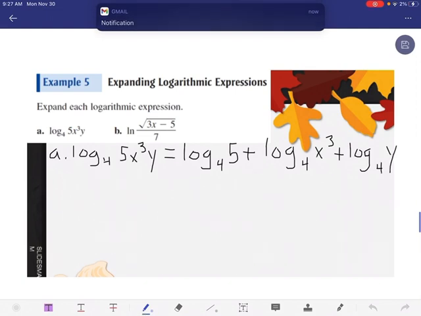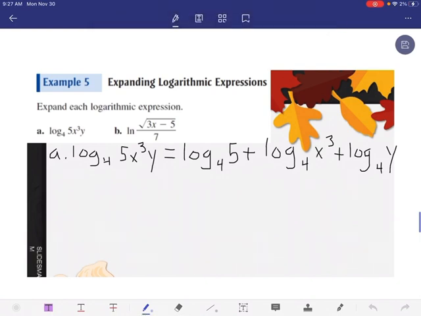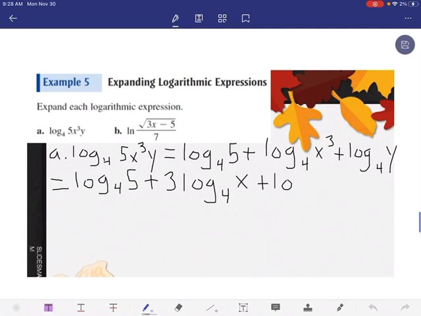Now, notice we still have an exponent on one of our logarithms, so we can use our exponent property. So I'm going to bring that 3 to the front. And then that would be my final answer.